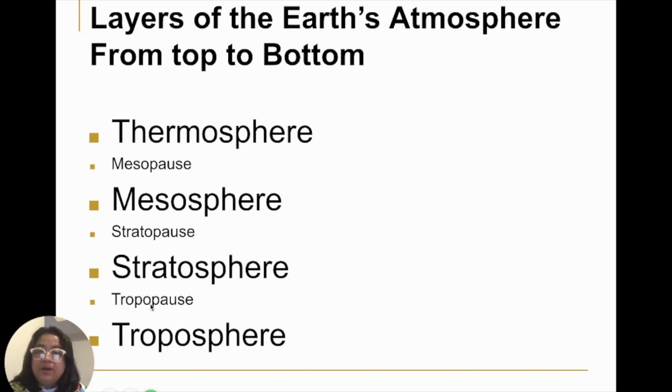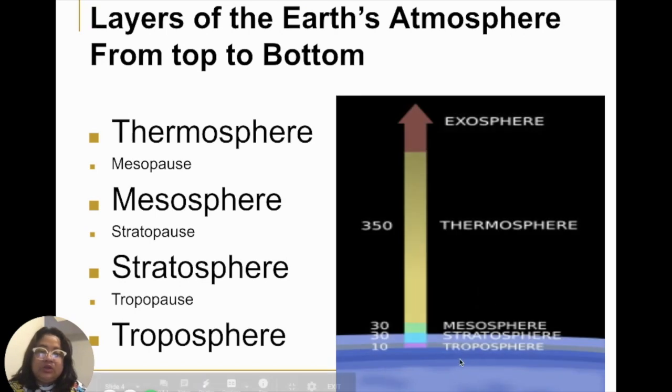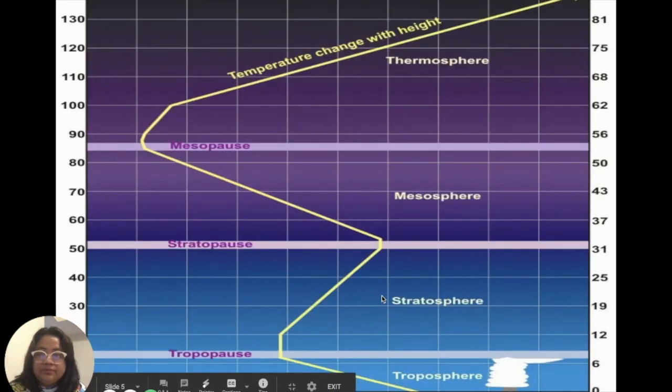These are the boundaries of each layer, and we will see as we continue this discussion. Next is the stratosphere, mesosphere, thermosphere, and exosphere. As you may notice, I did not put exosphere here. Later, you will know why.